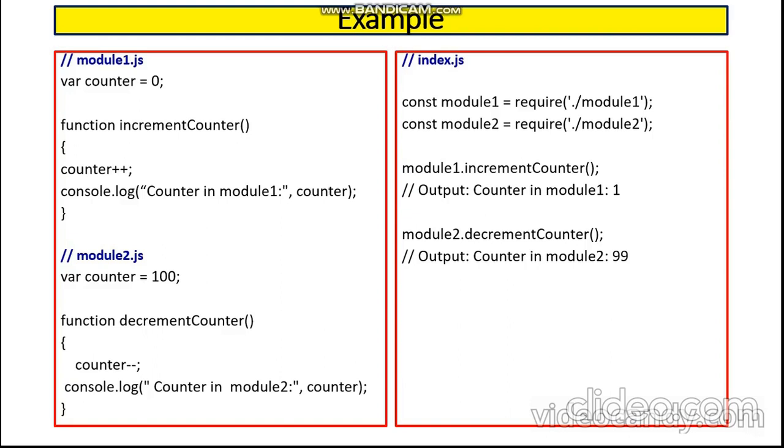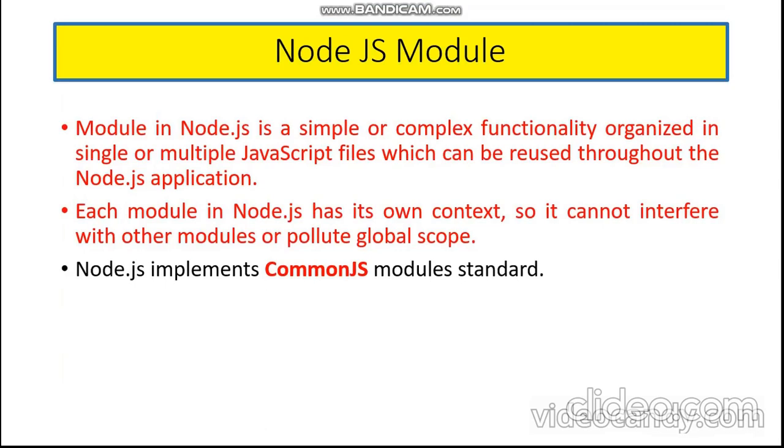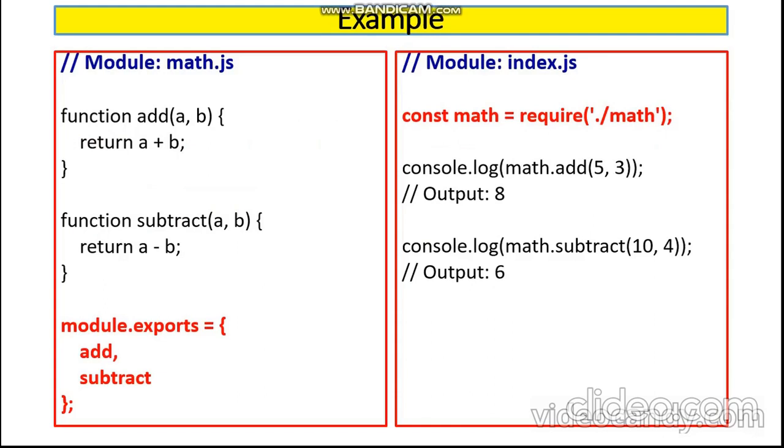CommonJS is a module system and a set of standards for structuring and organizing JavaScript code, particularly for server-side environments like Node.js. It aims to provide a way to modularize code, manage dependencies, and promote code reuse. So let's take one example. In this example, I will show you the CommonJS standard, which means how to export an object and how to import the module. So this is the standard of CommonJS.